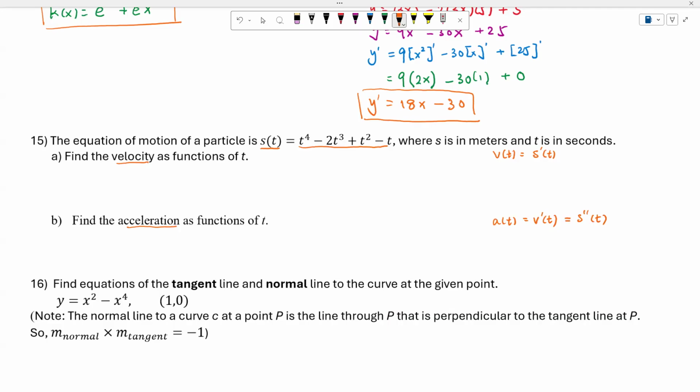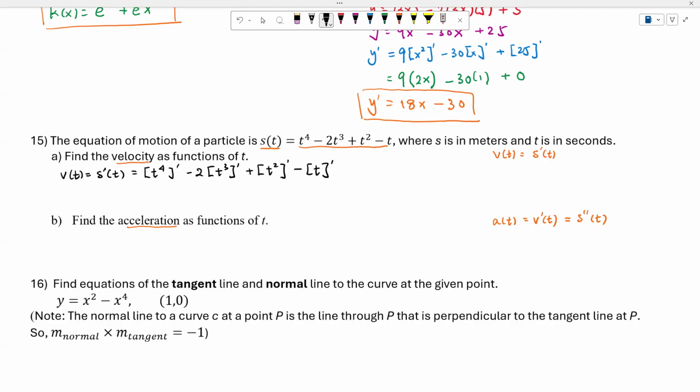Okay. If you remember this, then now we could find that v of t is s prime of t, equal to the derivative of t to the 4 minus 2 times the derivative of t to the power 3 plus the derivative of t squared minus the derivative of t.